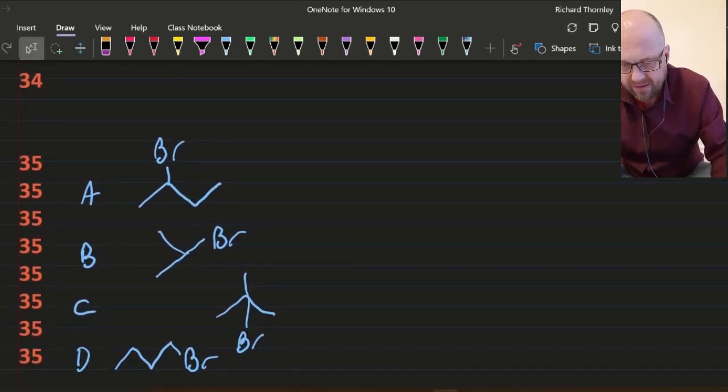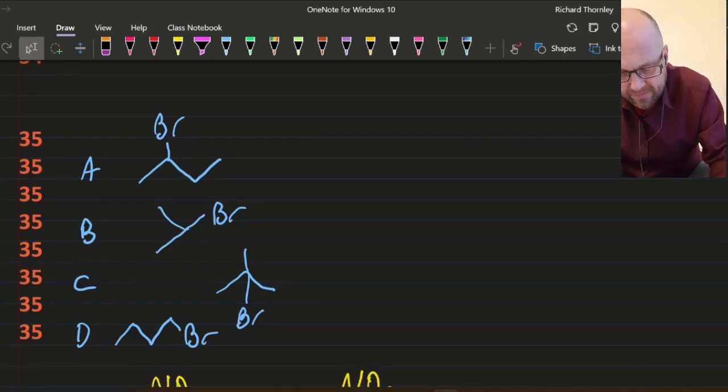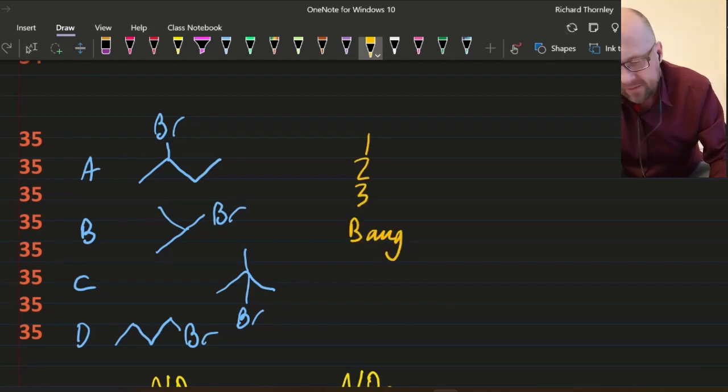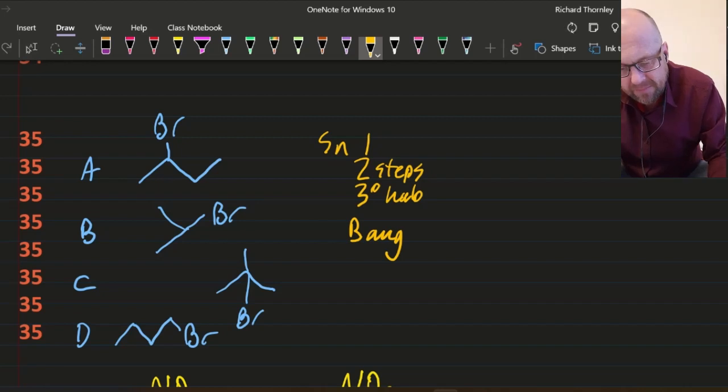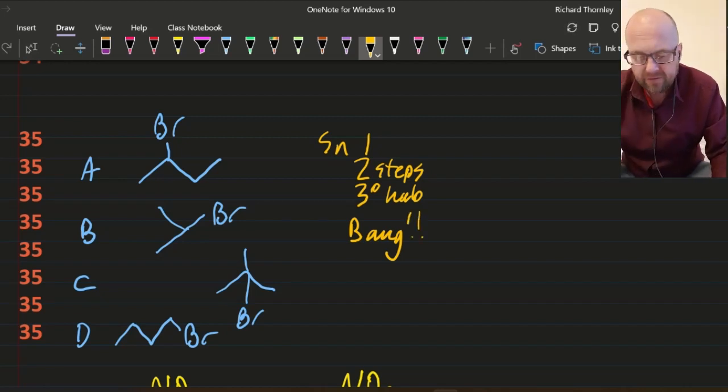35, what's most likely to hydrolyze via SN1 mechanism? Okay, so I think 1, 2, 3, bang. 1, 2, 3, bang. So SN1 is 2 steps with a tertiary haloalkane, and bang means it's fast. So the question's really asking, which is a tertiary haloalkane?